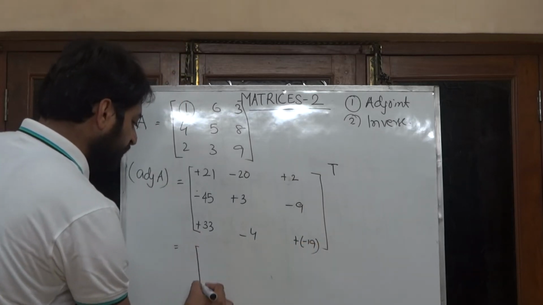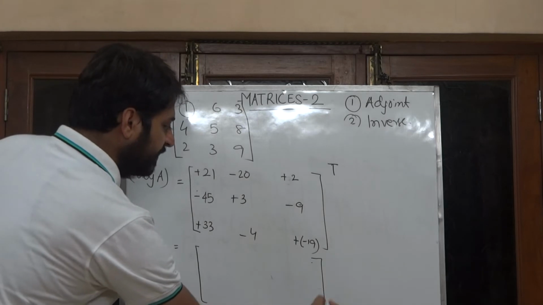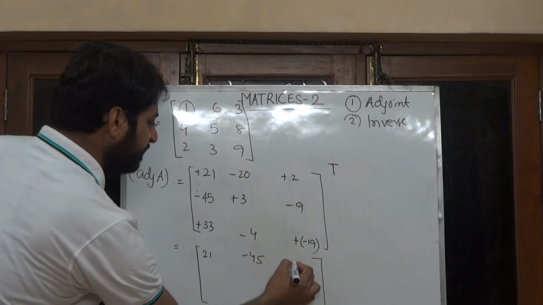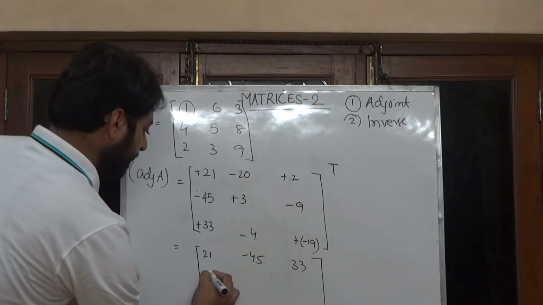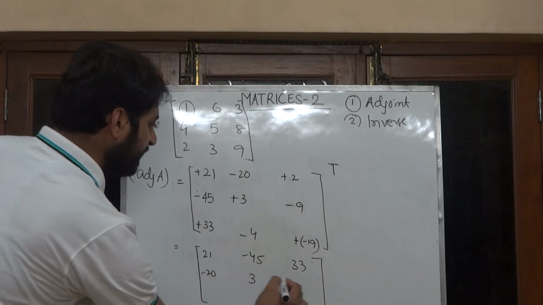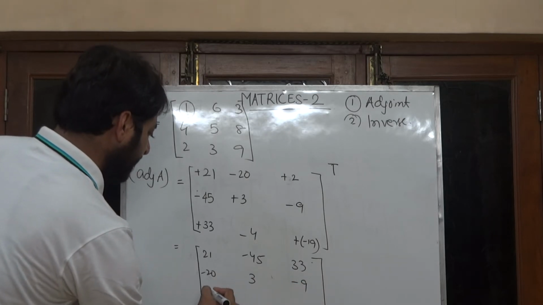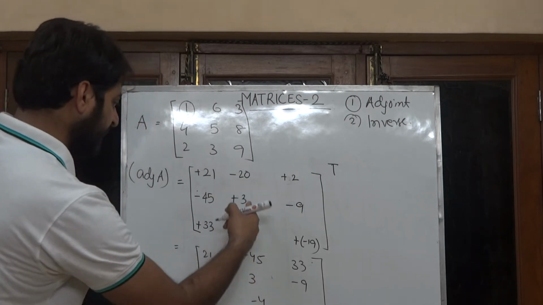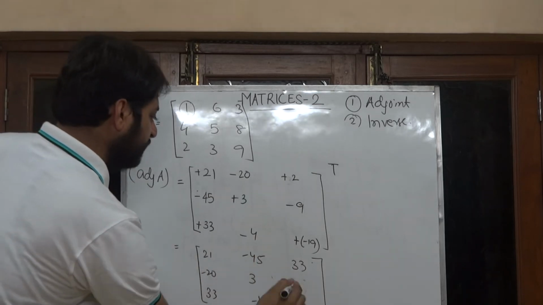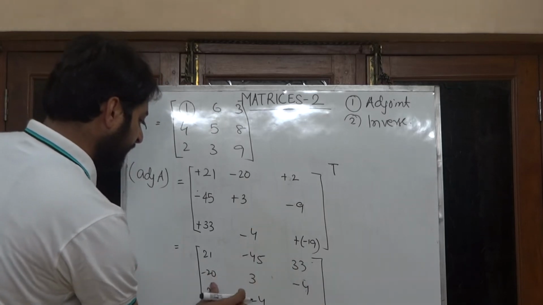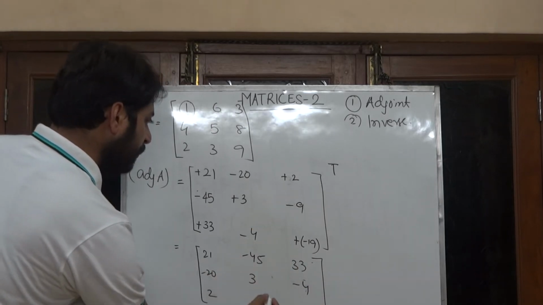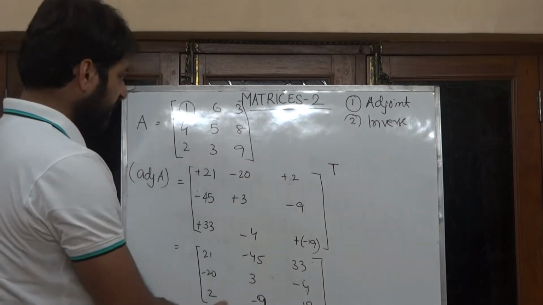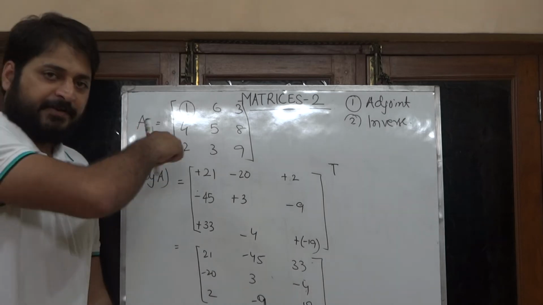And you have to transpose this, so the transpose will be 21, minus 45, 33, then minus 20, 3, minus 4, then 2, minus 9, and minus 19. So this is the adjoint of the matrix A.